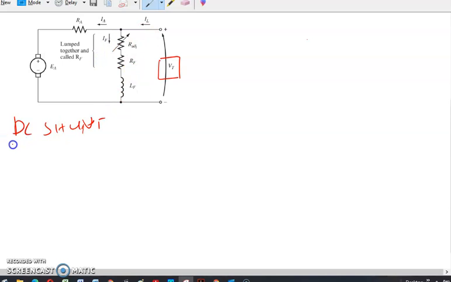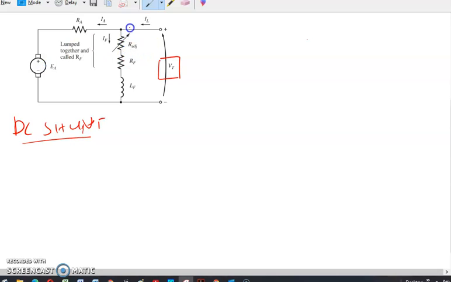As I told you before, the most important thing is that we know how to redraw the schematic of the specific motor involved in our analysis. So for shunt, you should be able to draw this shunt here.